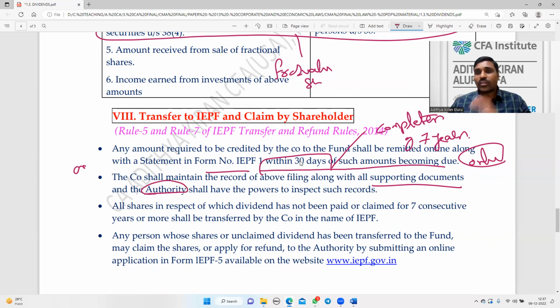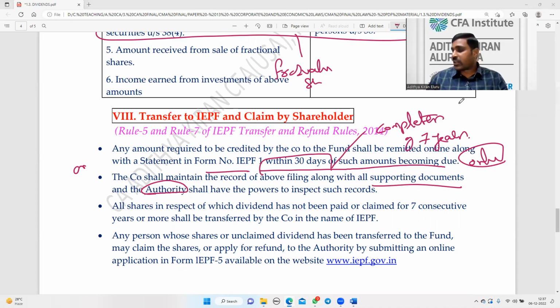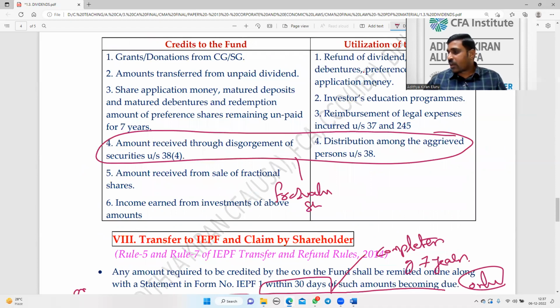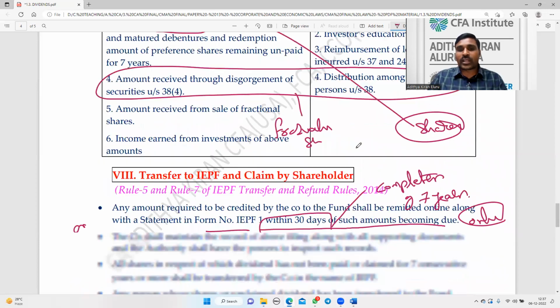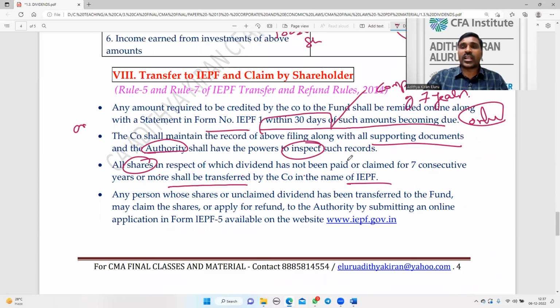The head of the IEPF is called the IEPF Authority, the Investor Education and Protection Fund Authority. The person responsible for monitoring these funds, the IEPF Authority, has a right to inspect such records. And all shares in respect of which dividend has been paid or claimed shall also be transferred to the IEPF.